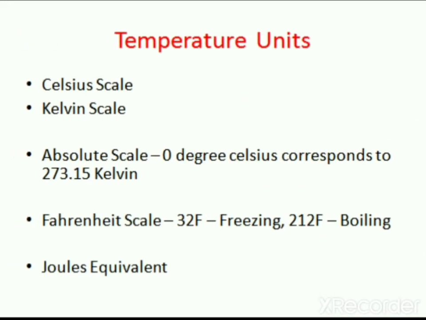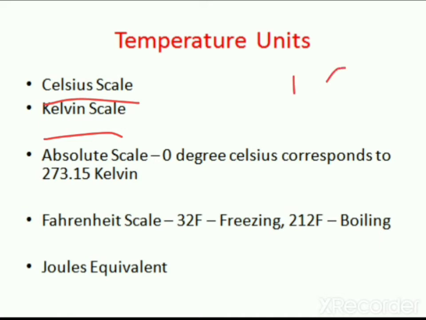Next is temperature units. Two temperature scales are there. First is Celsius scale and second is Kelvin scale. These are the two temperature scales for measuring temperature in SI units.